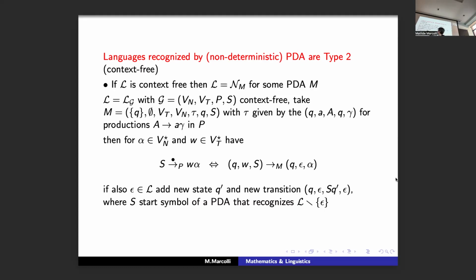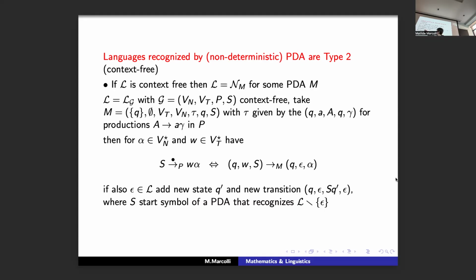The key here is that you use the terminals as one alphabet and the non-terminals as the other alphabet. And the transitions will follow, as in the case of the final state automata, the production rules of the grammar.